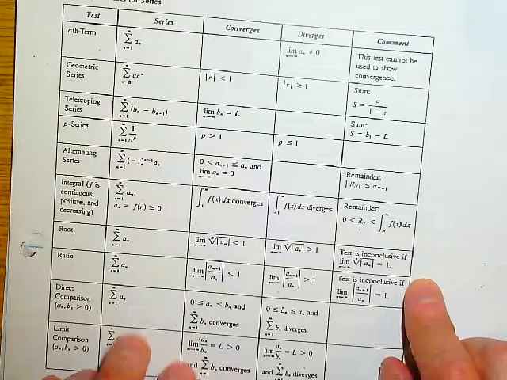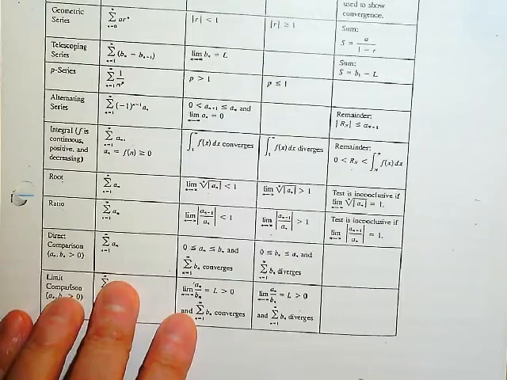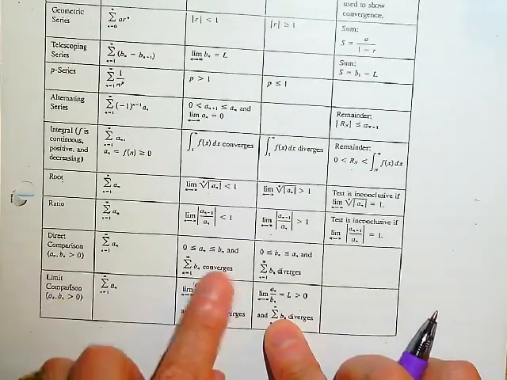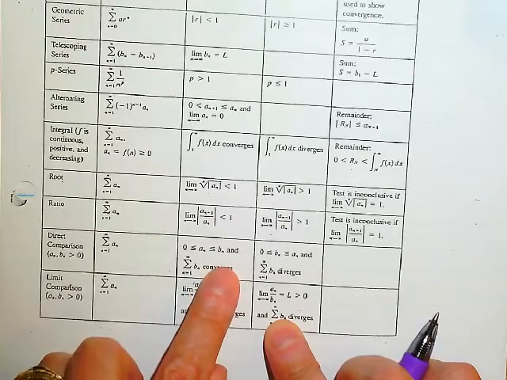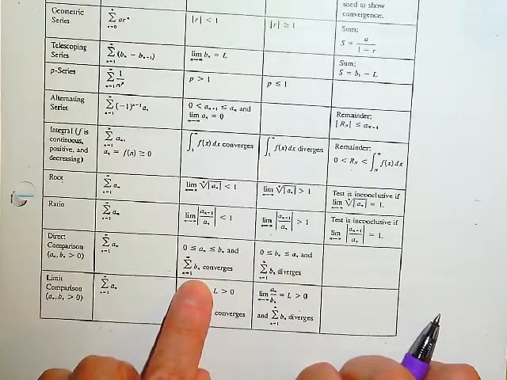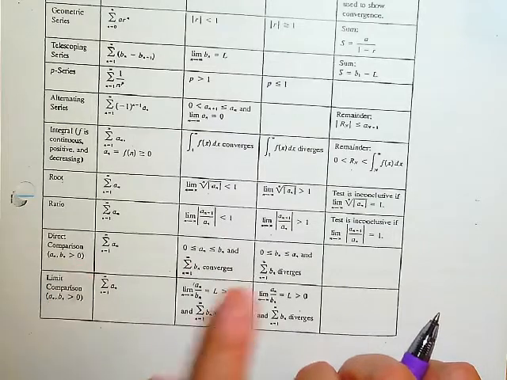They're right here. Direct comparison, that's what we did the previous day. Direct comparison: if the bigger of the two series converges, then a sub n is going to be trapped by that as well, and a sub n would converge. Remember, we're always talking about a sub n here.